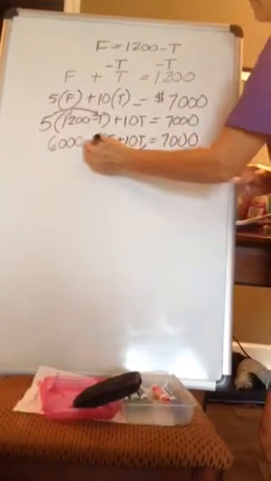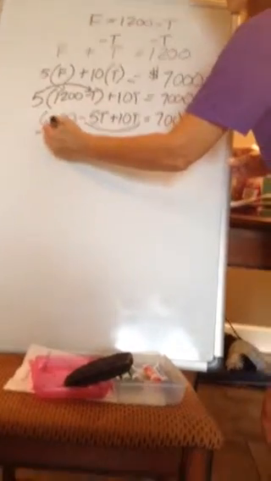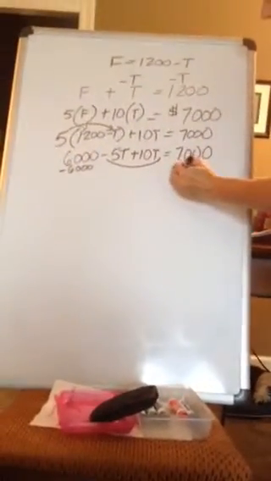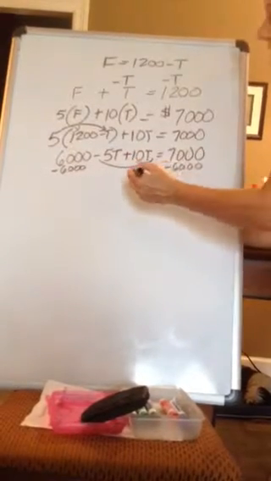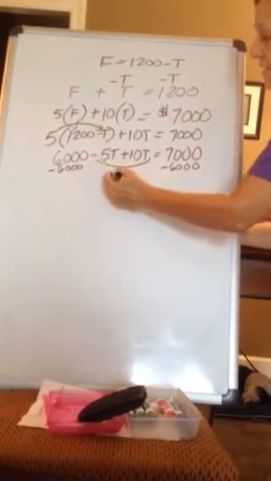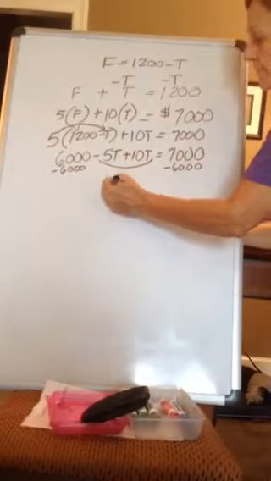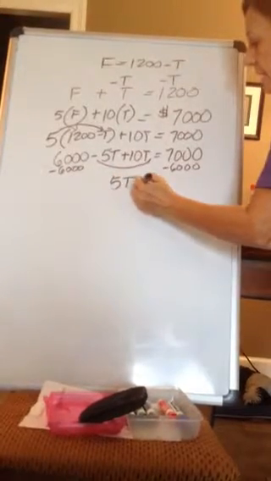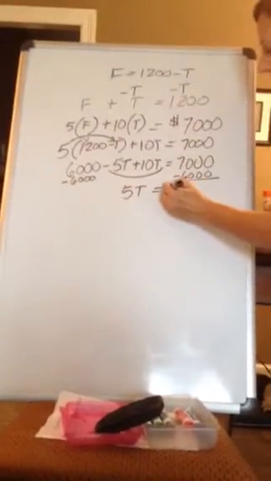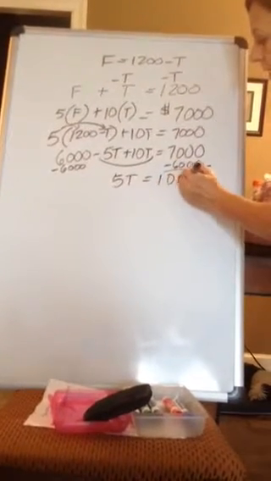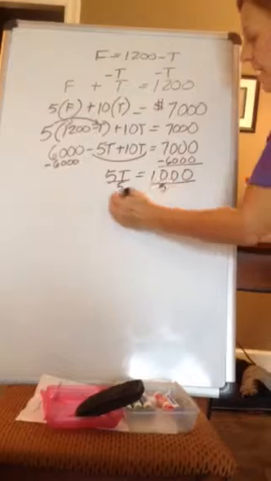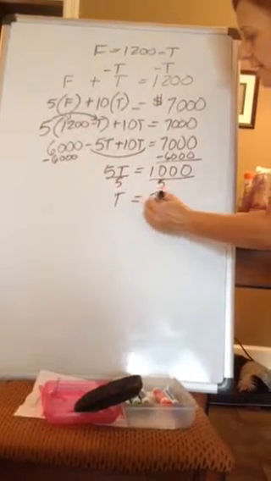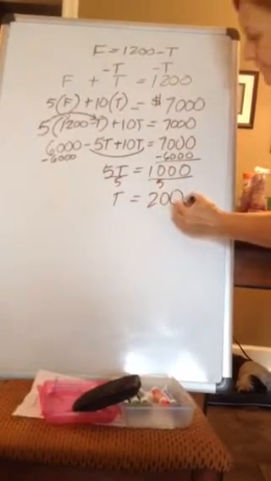Now I want to solve for t, so I would subtract my 6,000 from both sides, and I can combine my 10s, and negative 5t plus 10t is 5t equals 7,000 minus 6,000, which is 1,000. Divide by 5, and my number of 10s that I have is 200.